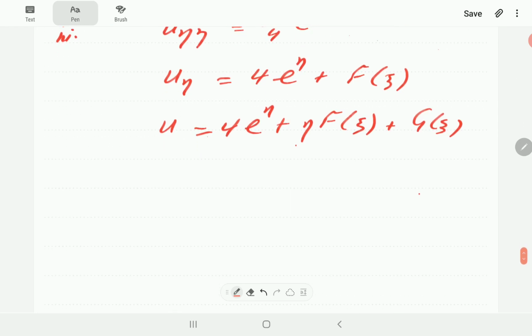And then that's our solution in terms of the original variables.